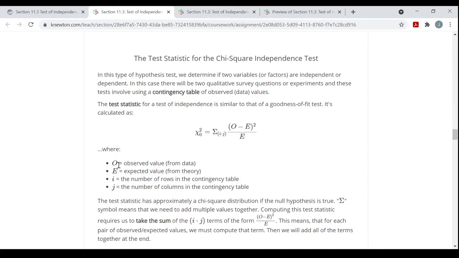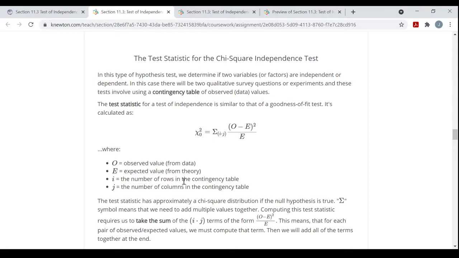The O's are the observed values, the E's are the expected values, and they're what you would expect if you assume the variables are independent, because that's the null hypothesis.